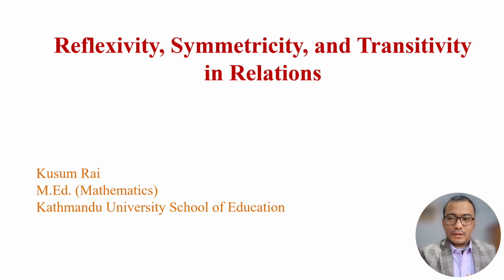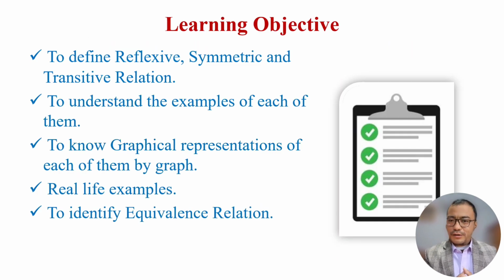Today we have some learning objectives related to this topic. At first, to define reflexive, symmetric, and transitive relations and understand the example of each of them. I'll show some examples, and next we will know the graphical representation of each of them by graph, using graphs and directed graphs.